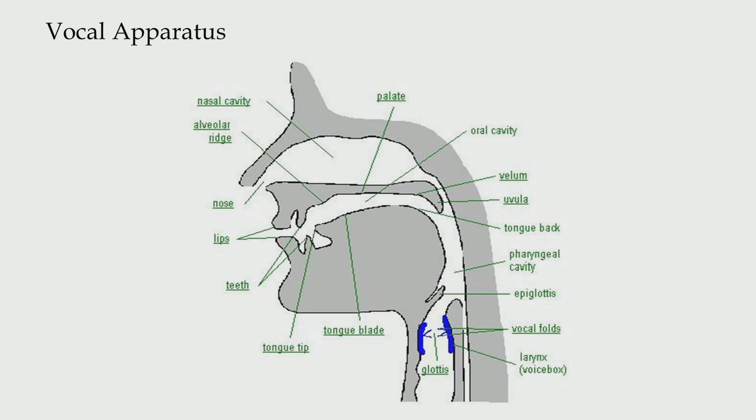And let us see this picture again. The place of articulation for ka is this, the velum. Therefore, this sound is called a velar sound.